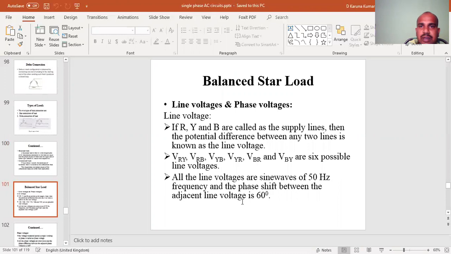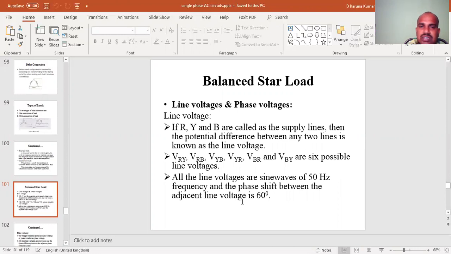First of all, the balanced star load. In the balanced star load, there are two voltages: line voltage and phase voltage. If R, Y, B are called the supply lines, the potential difference between any two lines is known as the line voltage.